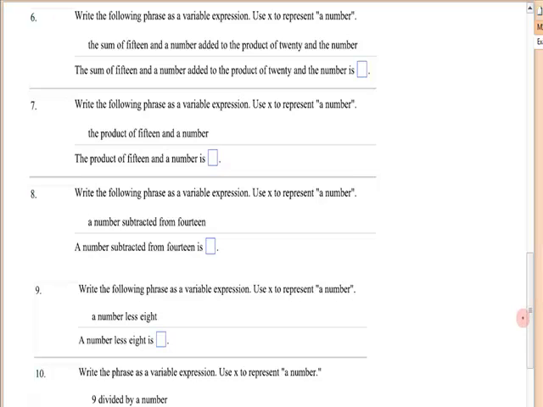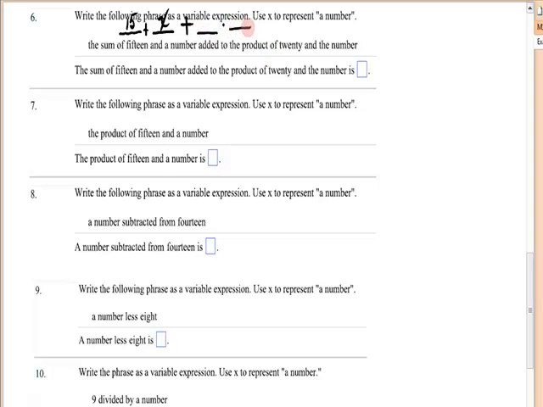Number 6. Looks a little more complicated, so let's just read it first. The sum of 15 and a number added to the product of 20 and a number. When it says sum of, I know that I'm going to have an addition statement. Sum of, it's going to name them for me now. 15, put in the 15, and means jump to the other box, a number. There's the sum of 15 and a number. Added to, okay, plus sign, the product of.